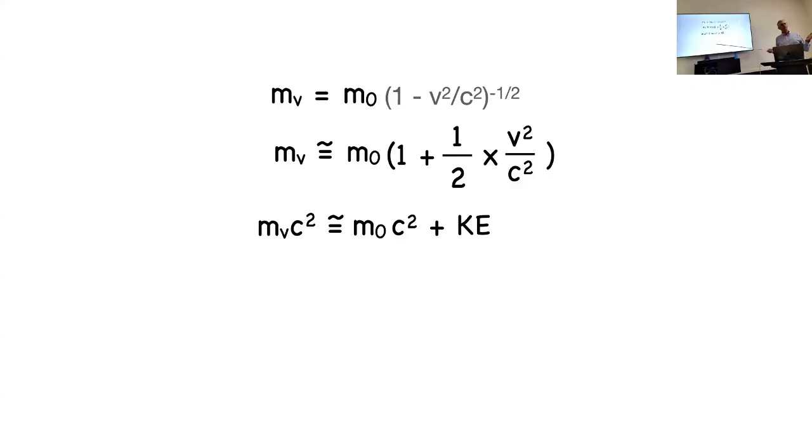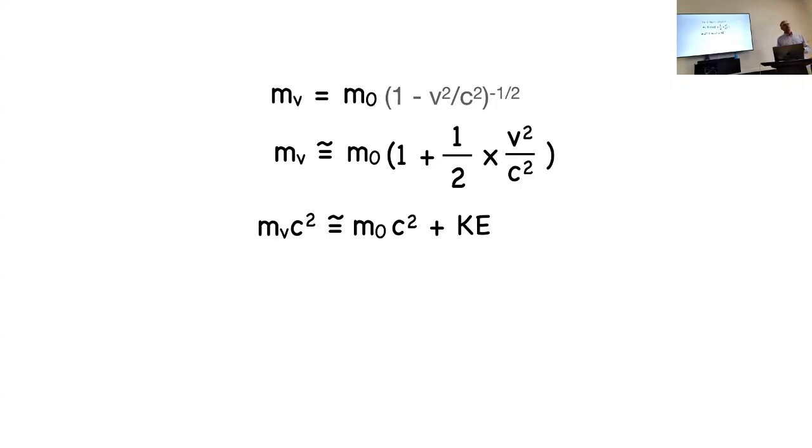Well, he said, I bet they mean something in the real world. What is it telling you? Well, this is an energy term. It's in units of energy. This is in units of energy. This is in units of energy. So it's telling us that relativistic energy equals rest energy plus the kinetic energy. Well, that's nice because energy is supposed to be conserved. So this is just a conservation of energy.